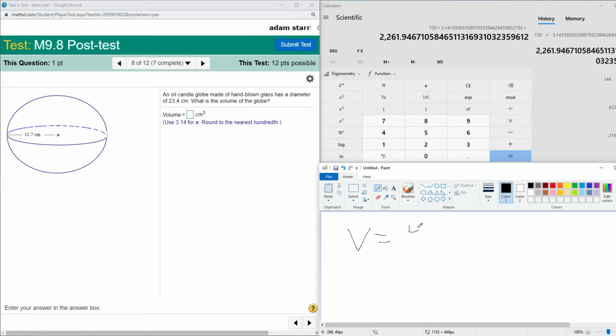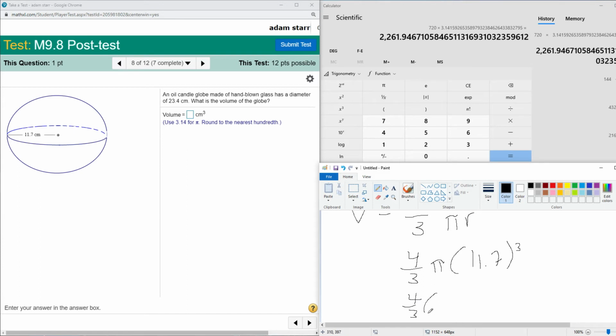Volume of a sphere is 4/3 pi r cubed. So 4/3 pi times my radius, which again is in my image. For me, it's 11.7 cubed. And for this one, it says to use 3.14 for pi. So I have 4/3 times 3.14 times my radius cubed.